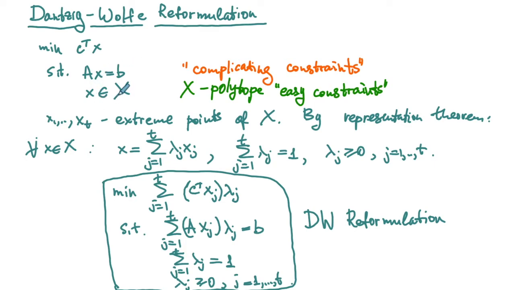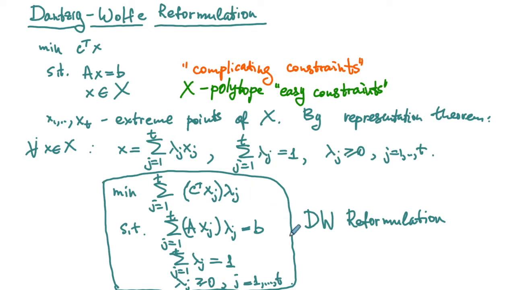So any x from the feasible set of the original formulation can be represented as a feasible point for this formulation in terms of lambdas, and then every feasible point of this formulation corresponds to a feasible point of the original formulation. And the objective value for these alternative representations will be the same.